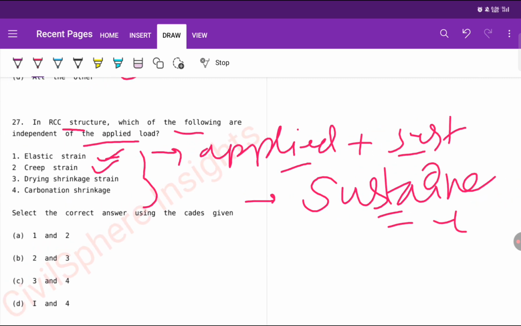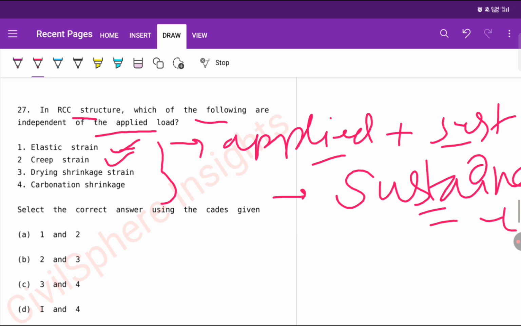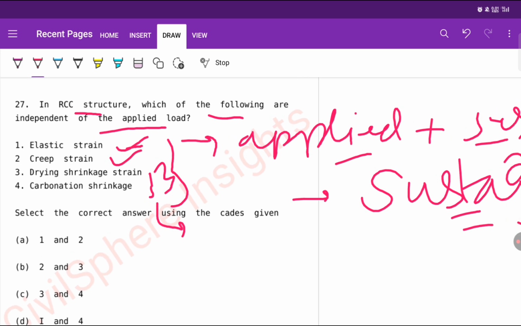Elastic strain and creep strain are dependent on load. But drying shrinkage and carbonation shrinkage are factors of volume changes. Volume reduces only when the moisture content changes, so volume change is a factor of moisture changes and has nothing to do with the applied load.